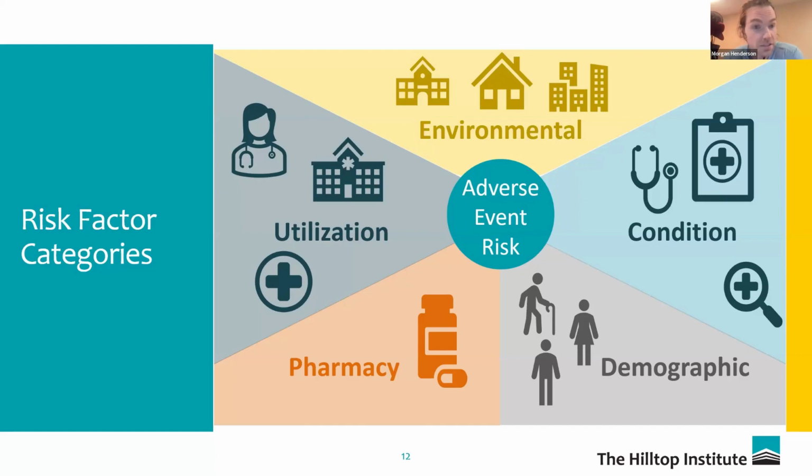We use the CCW definitions for these. We have risk factors that cover demographics. We have risk factors on pharmacy utilization, and we have risk factors on general health services utilization. So all told, there's about 200 to 220 risk factors in our pool of risk factors, depending on the model.